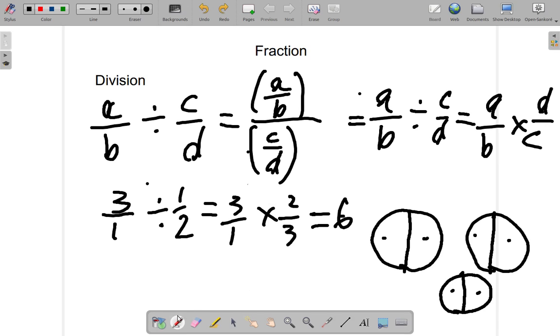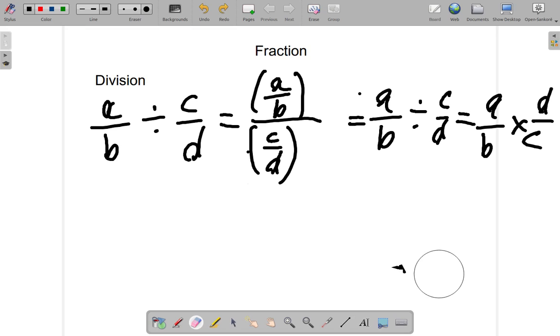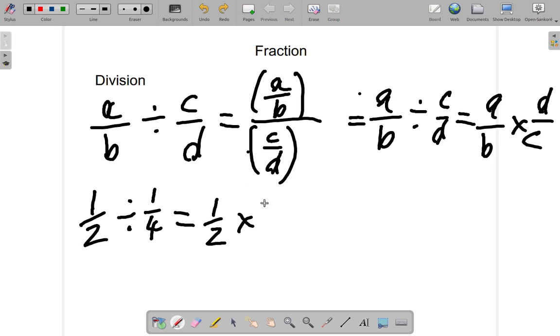I want to look at another example. Now, let's say you have a half divided by a quarter. By this rule, it would become a half multiplied by 4 over 1.